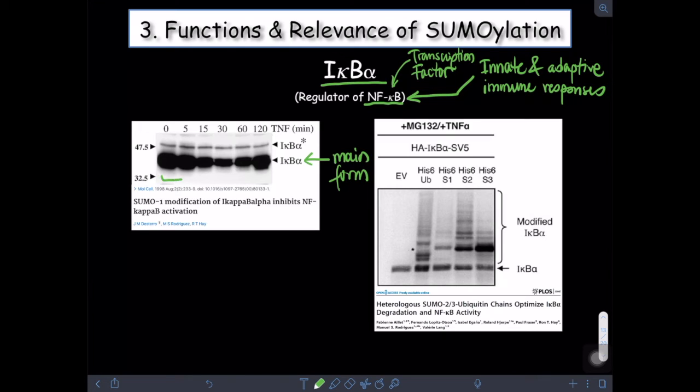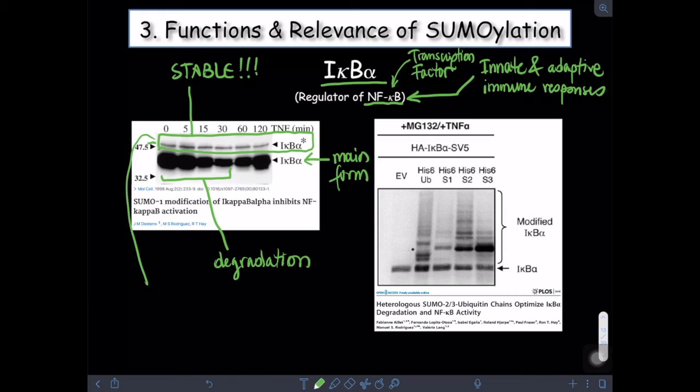In contrast, a higher molecular weight form of IκBα, the one that was later characterized as being the SUMOylated form of IκBα, was found to be very stable even upon activation by tumor necrosis factor. This led to the idea that SUMOylation of IκBα stabilized IκBα by preventing the polyubiquitination of IκBα.